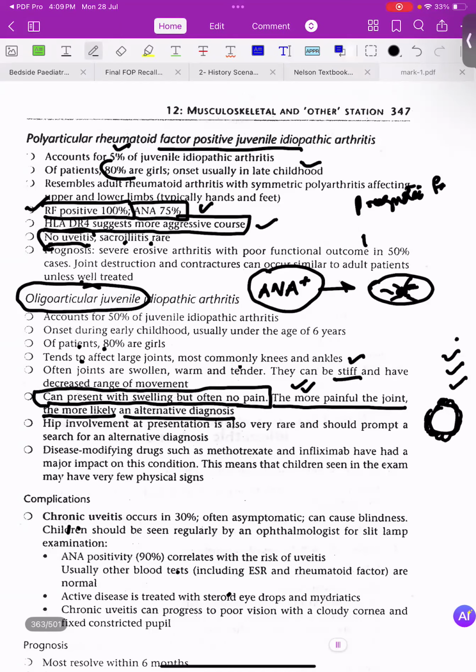Ma'am, non-deforming joint in rheumatic fever, while in JIA, the joint will be deformed.